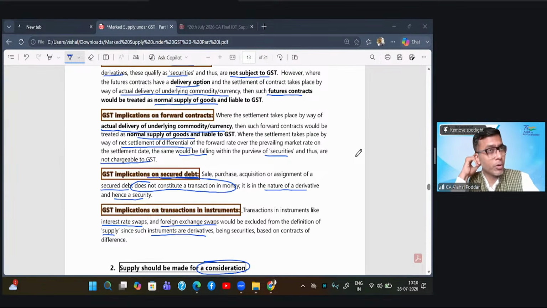Sir, when you talk about a director providing service to a distinct person in the same business, is it providing to a distinct person or a related person? Related distinct person, sir. No, beta, there are two different things. Distinct is different, related is different. Director and company are related persons. And the company having multiple branches, the branches are distinct persons.